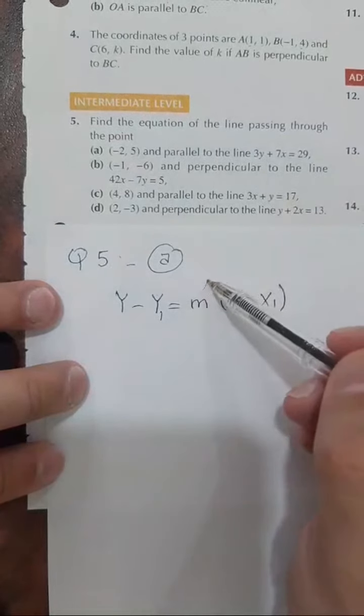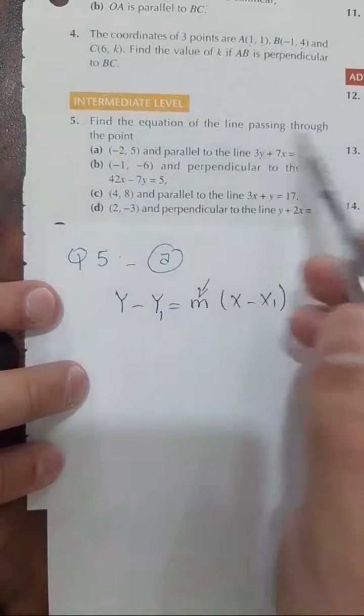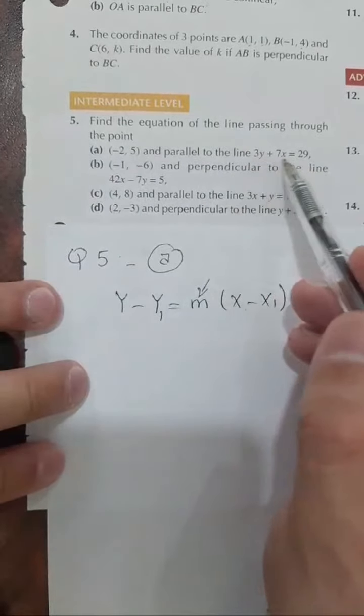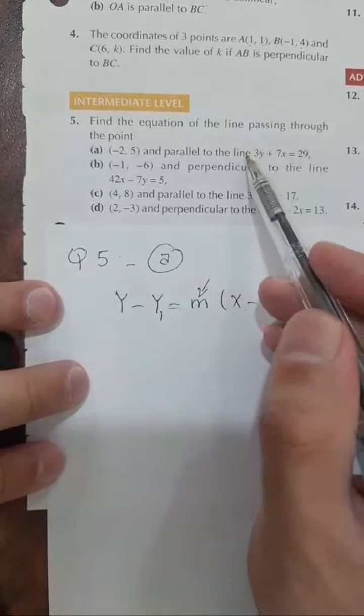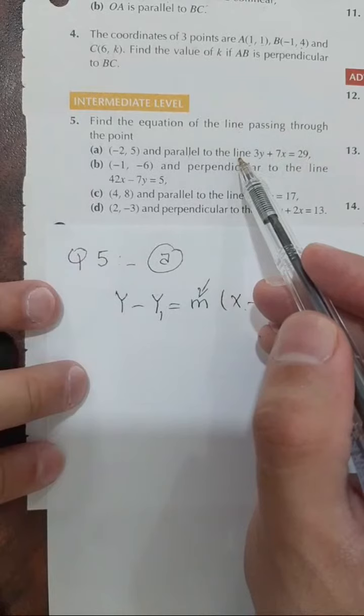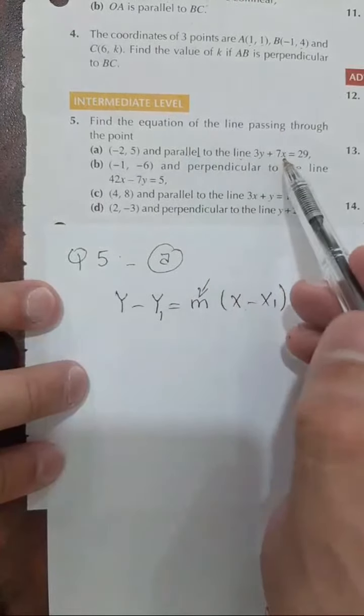and we need to have a slope of the required line, and that line is parallel to this line. So from here we can find the slope of the required line, because this line and this line are parallel, and when two lines are parallel, their slopes are the same.